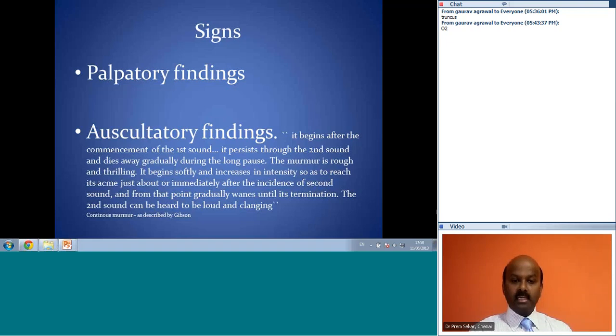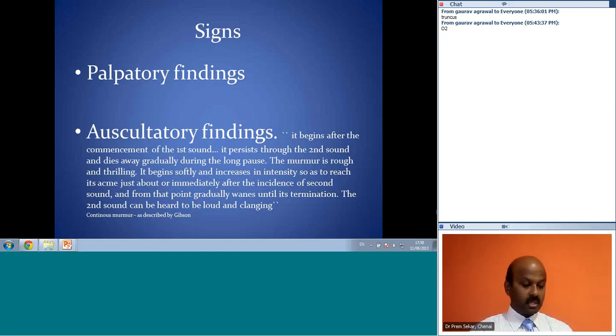Now the second sound accentuation is because of enhanced closure of the pulmonary valve. It splits normally and varies normally with respiration. Eddy sounds are sometimes heard in the pulmonary area. This is like a bag of rocks being shaken.